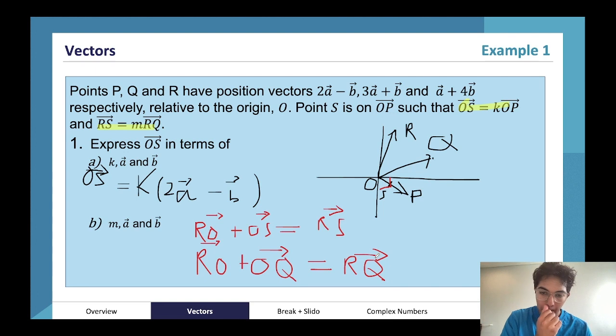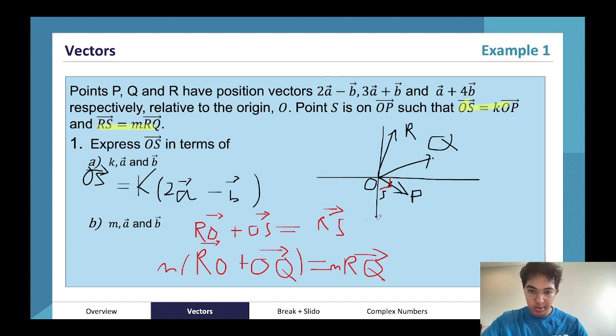Okay. And the last thing to do is to do RO. We can sort of do a bit of simultaneous equations here. Because we know if I multiply this whole thing by M, these two are now equal, right? So equation 1 and equation 2 are now equal just by simultaneous equations.